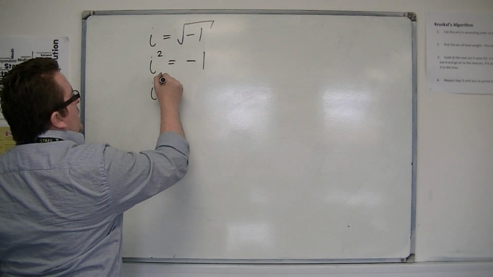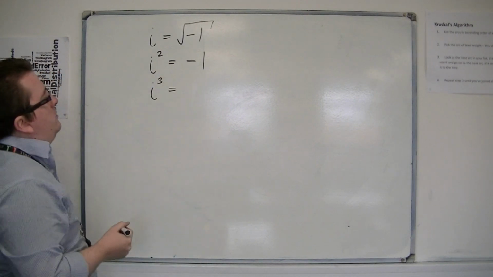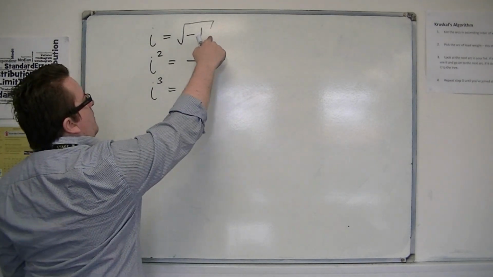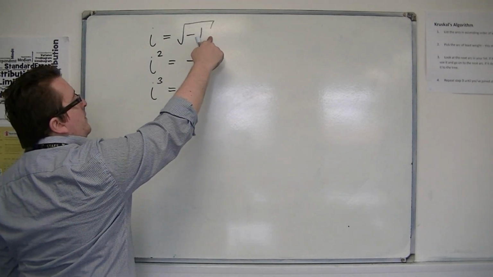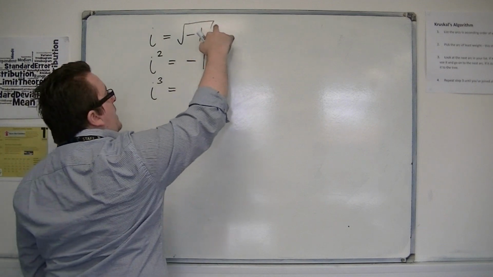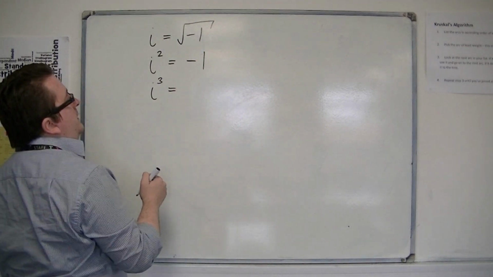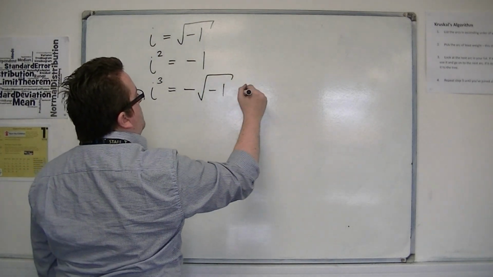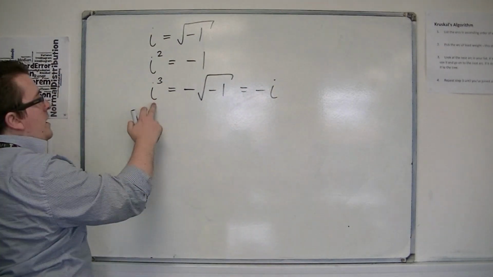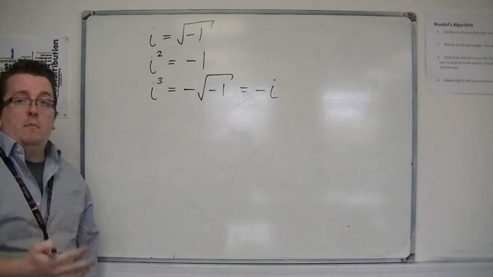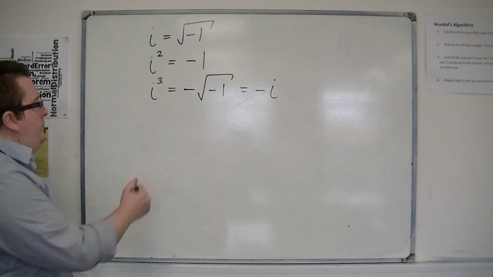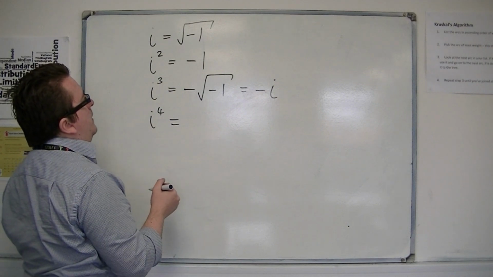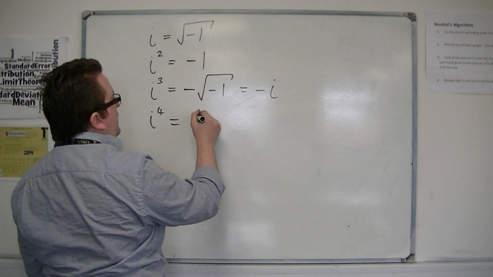Then if I had i cubed, I've got square root of minus 1 times square root of minus 1 times square root of minus 1. So that would be minus the square root of minus 1, so minus i. So i cubed is the same as minus i. i to the 4th power is minus 1 times minus 1, so that would be 1.